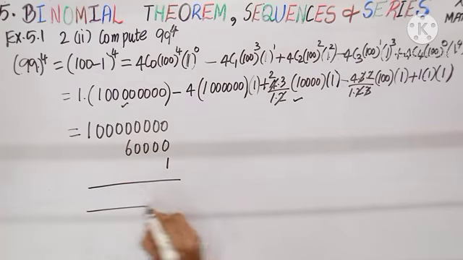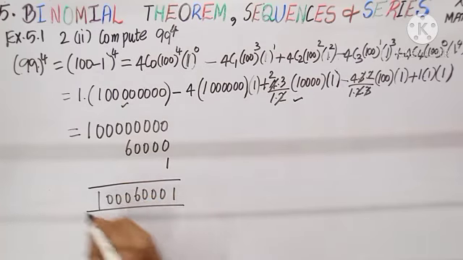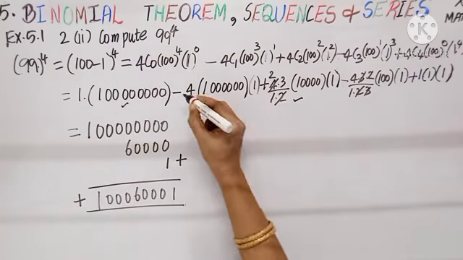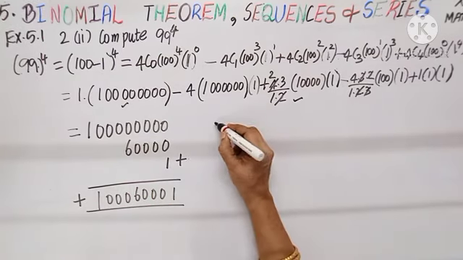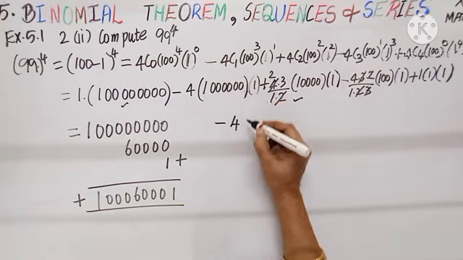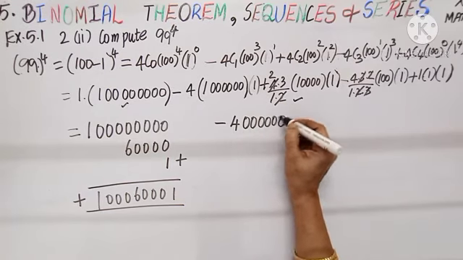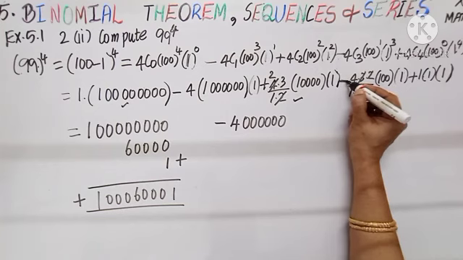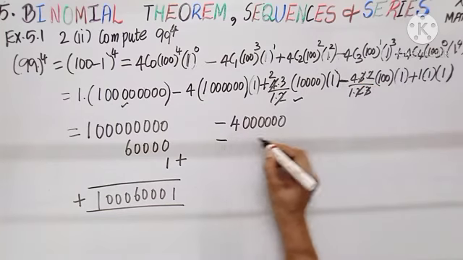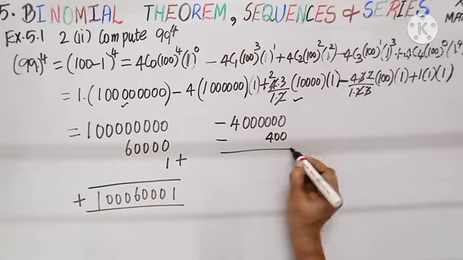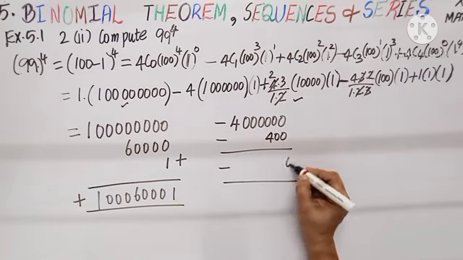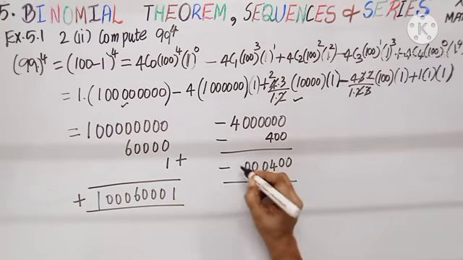We shall add all this. So this is positive. Now count all the negative numbers. Minus 4, 6 zeros. Then here you have minus 4 into 100, 400. Together it is 0004.